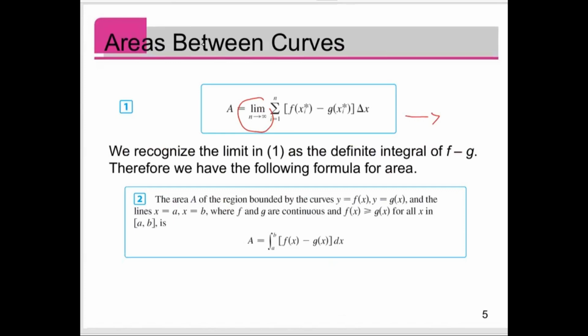So let's go through it. The area A of the region bounded by the curves y equal to f(x), y equal to g(x), and the lines x equal to a, x equal to b, where f and g are continuous and f(x) is greater than or equal to g(x) for all x in [a, b], is given by A equals the integral from a to b of f(x) minus g(x) dx.